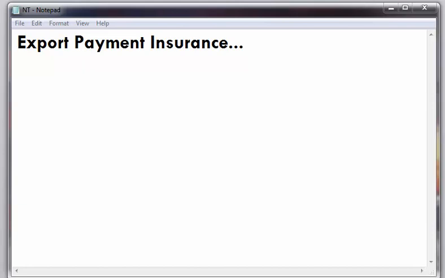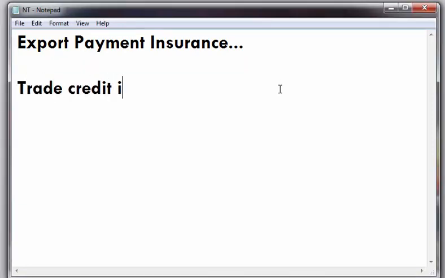This is also called trade credit insurance. It is always good to work with some of the insurance companies who are providing this type of service.